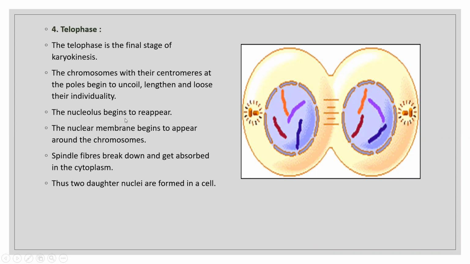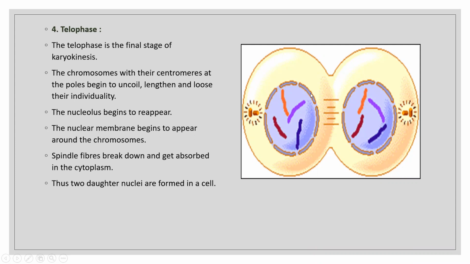The nucleolus begins to reappear. You can see the nucleolus here. The nuclear membrane also appears around the chromosomes. This is the nuclear membrane, the protective covering around the nucleus.